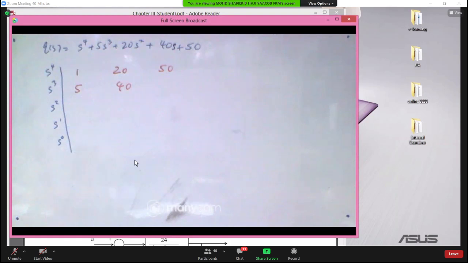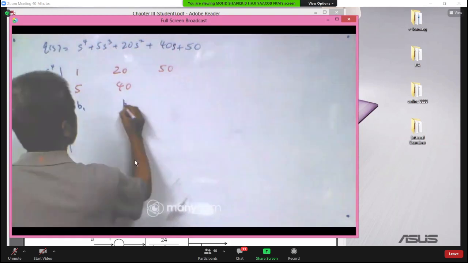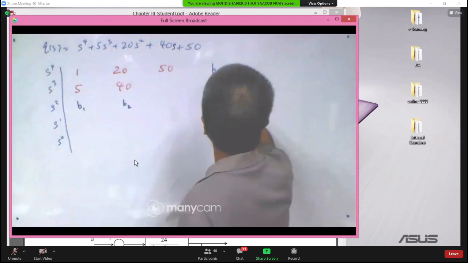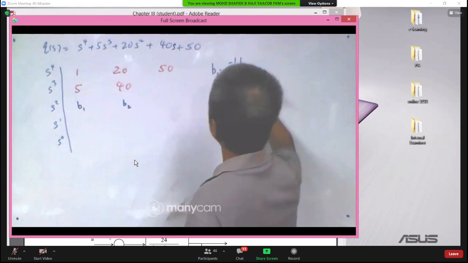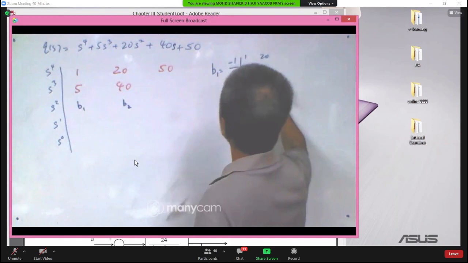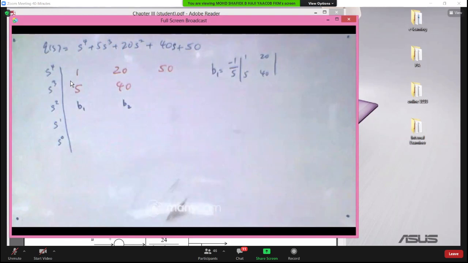This is B1. To compute B1, you look two rows above.